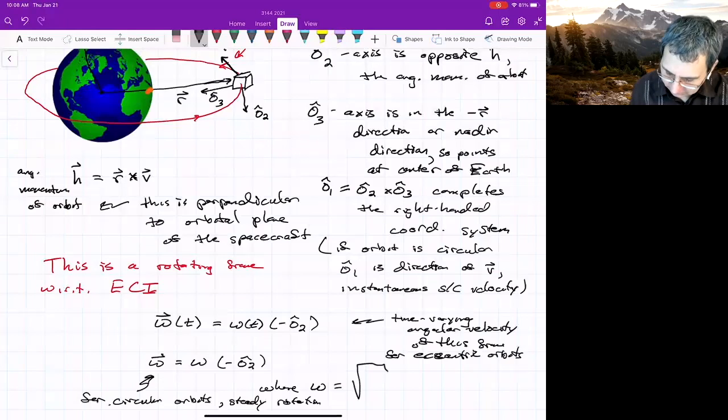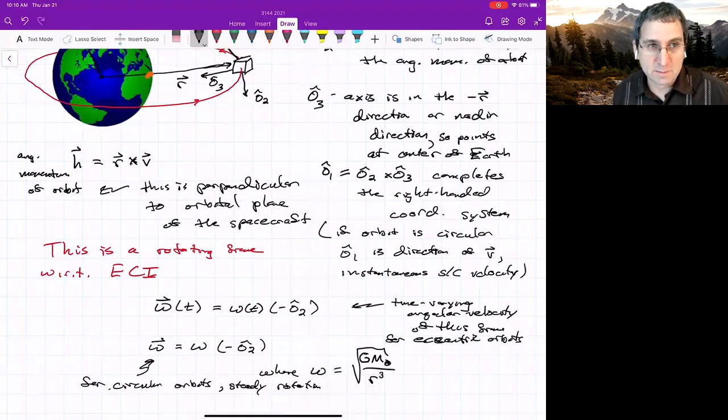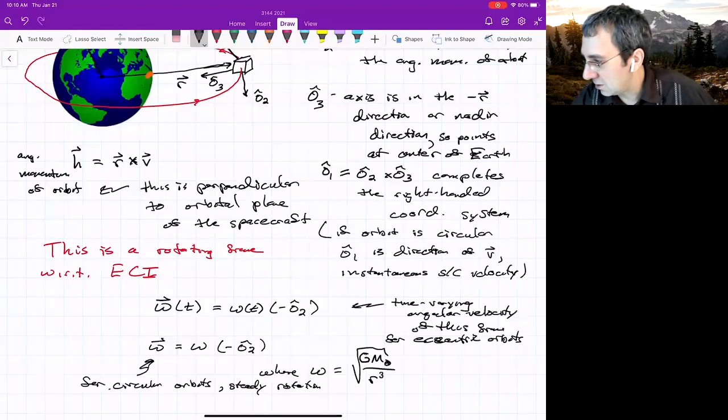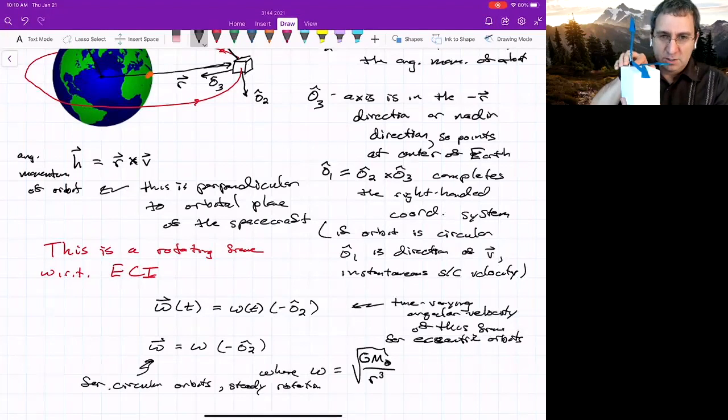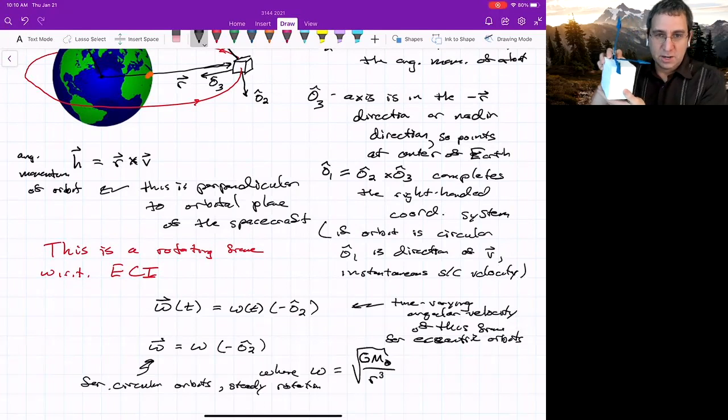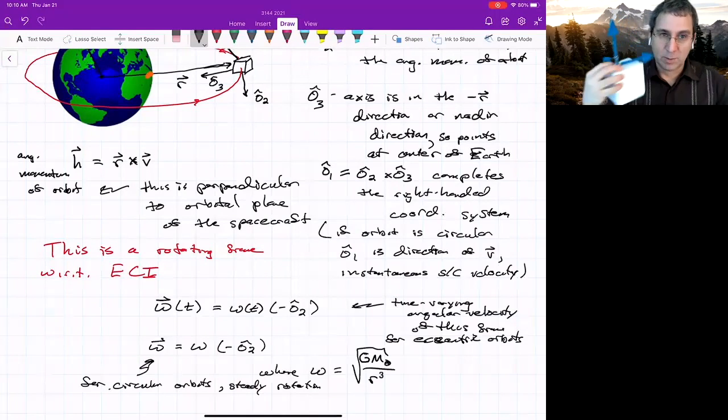There's this thing called the gravitational parameter, the gravitational constant times the mass. If you have an eccentric orbit, think of it as this thing moving around in its orbit, rotating. If we're in a circular orbit, this will be steady rotation. If it's an eccentric orbit, there's times when it'll be rotating faster than other times. That's what I mean by time varying.